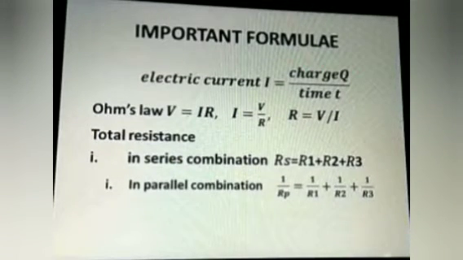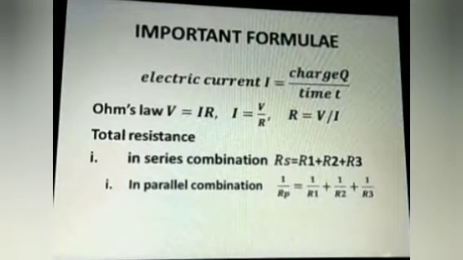Next, we can see the important formulas. Electric current is equal to charge by time, that is, I is equal to Q by T. Ohm's law: V is equal to IR, I is equal to V by R, or R is equal to V by I. Total resistance when three resistors are in series combination: Rs is equal to R1 plus R2 plus R3.